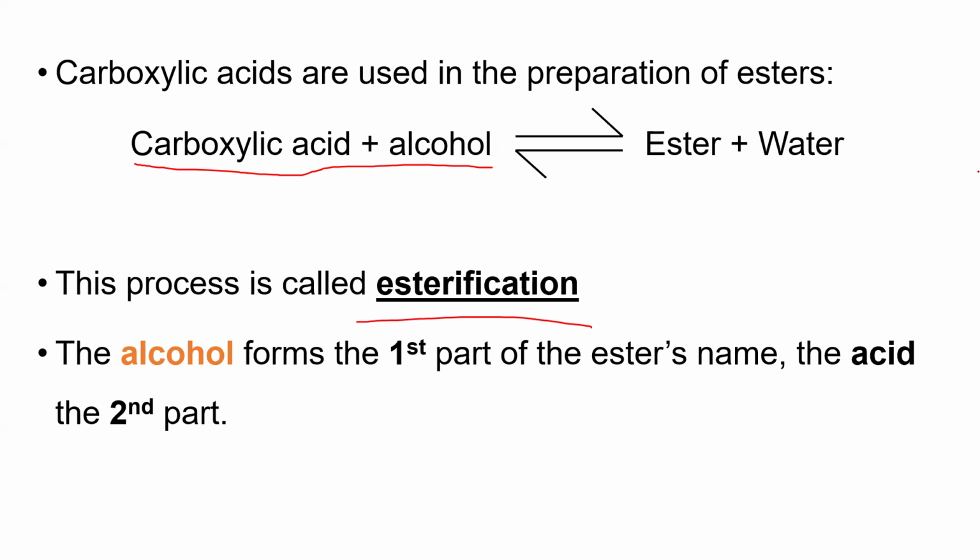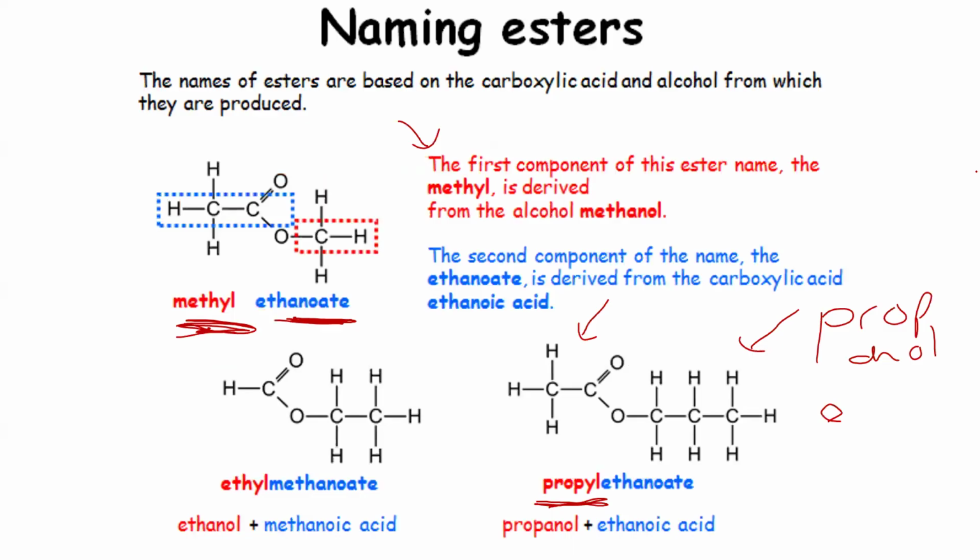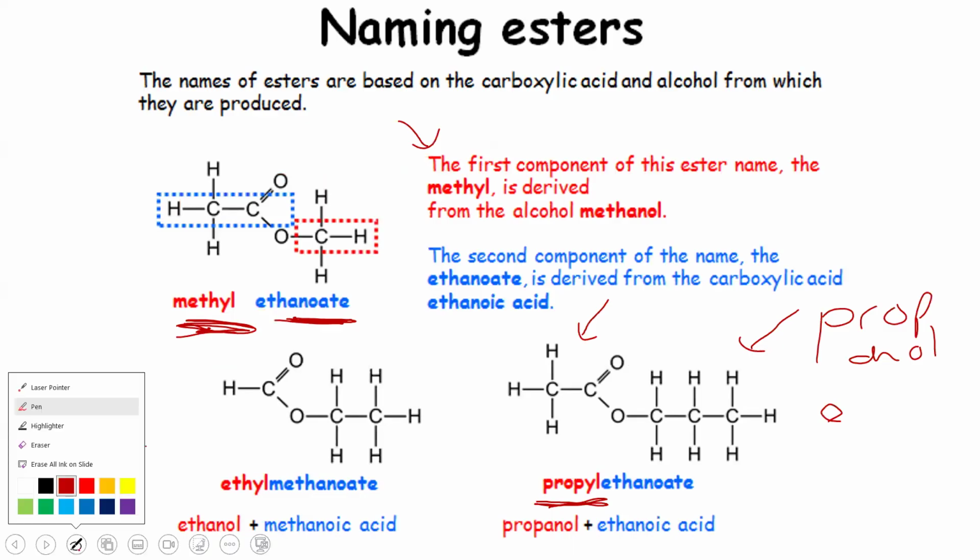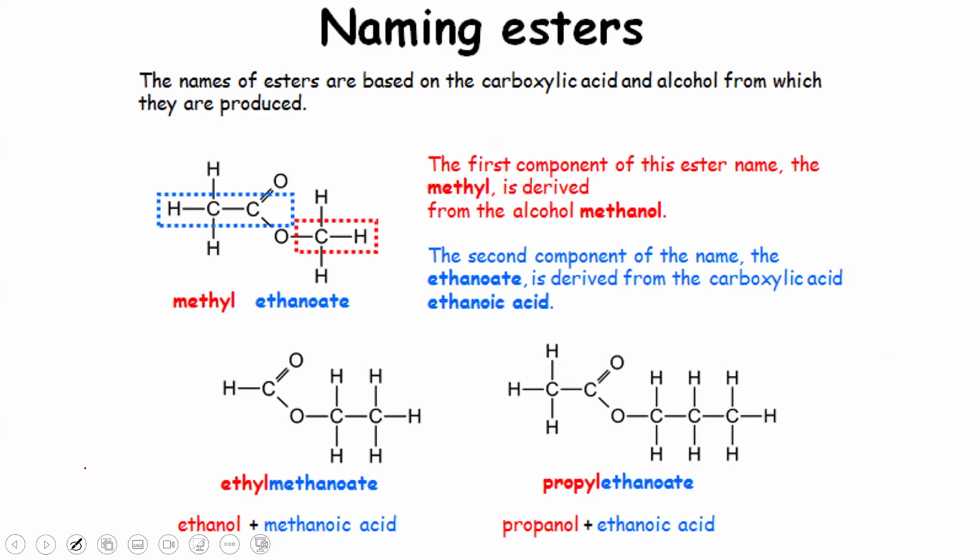So I'm going to ask somebody, if I've got butanol and I've got ethanoic acid, what is the name of the ester I make?